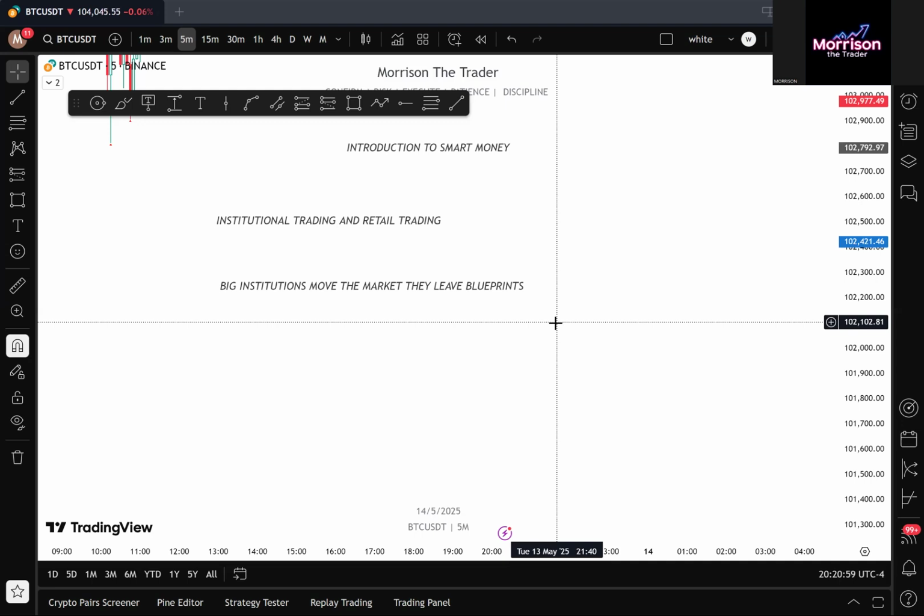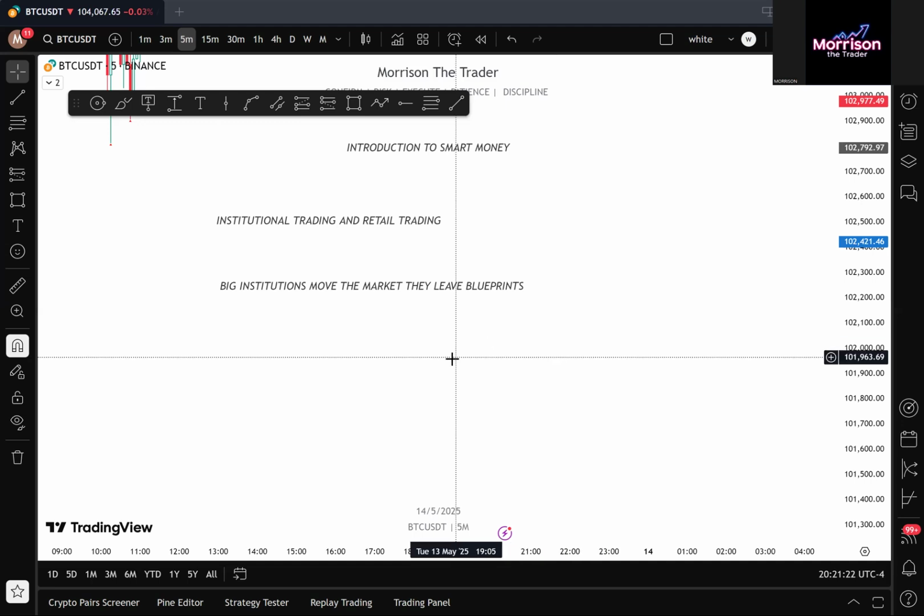That is what we call institutional trading. That's what we call smart money. There are so many concepts governing smart money, and we are going to talk about them. So that's the whole idea.